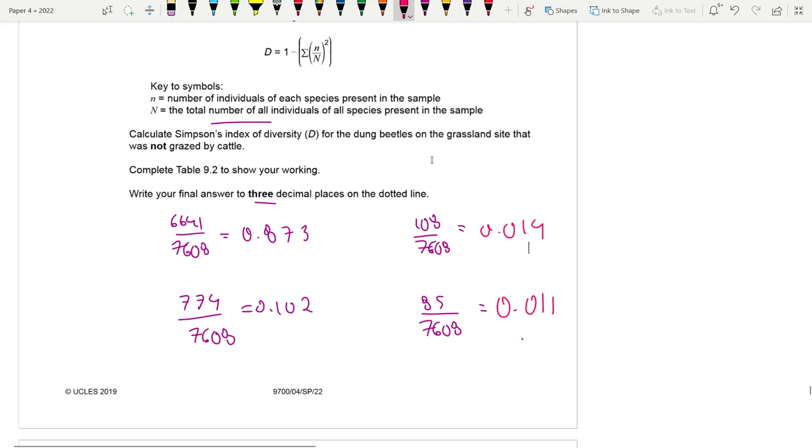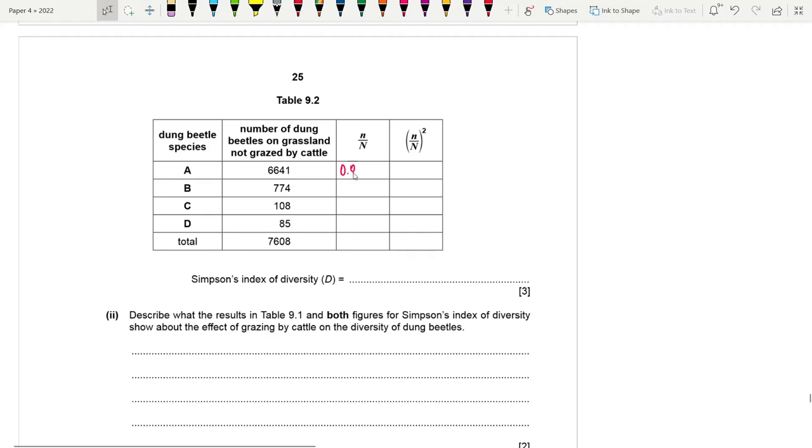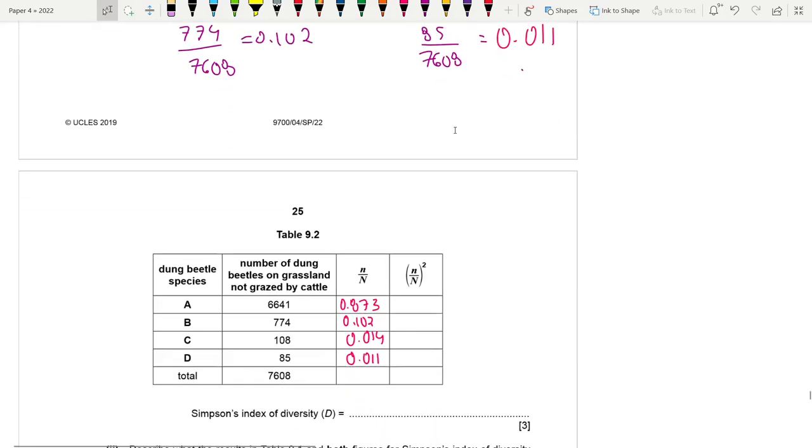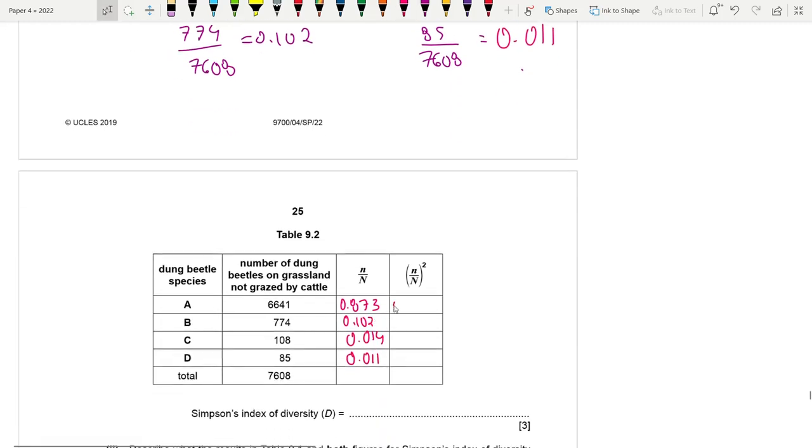So let's fill the table up. 0.873, 0.102, 0.014, and 0.011. Now we square these, right? So it's 0.762.